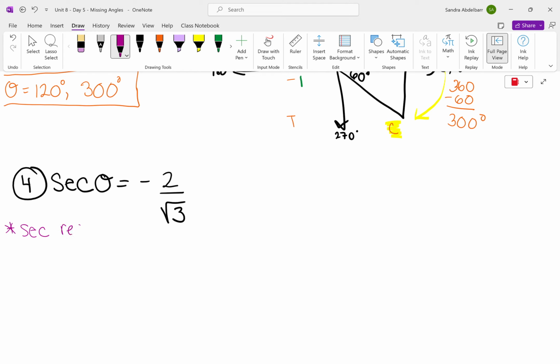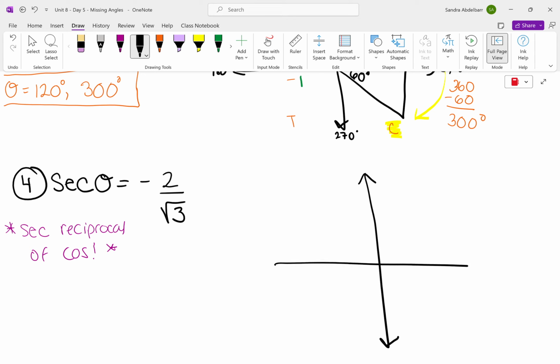Secant's the reciprocal of what? You got it. Secant is the reciprocal of cosine. So let's bring it here.